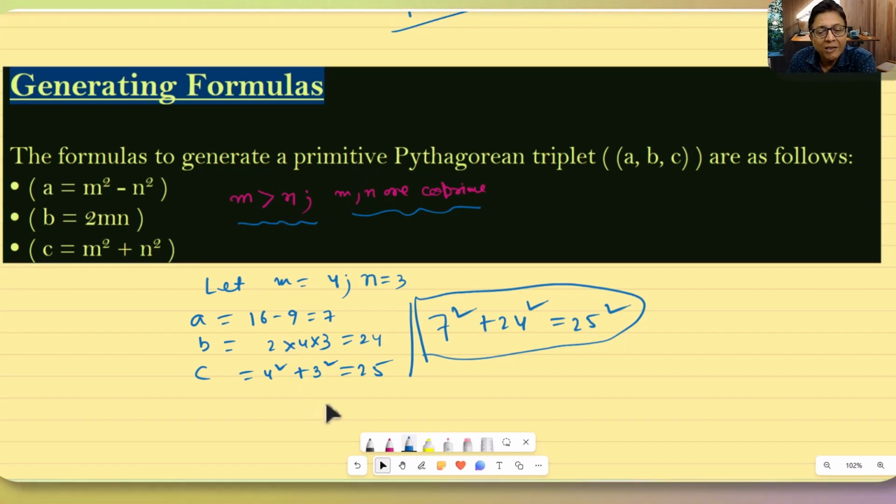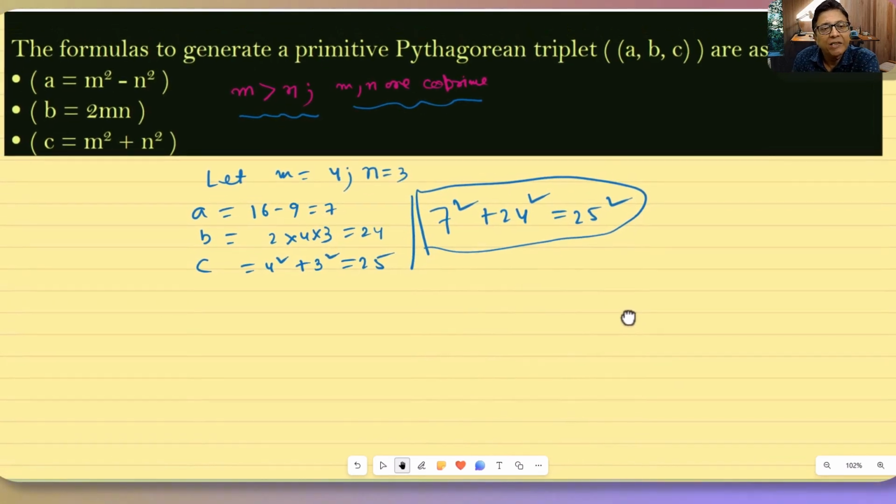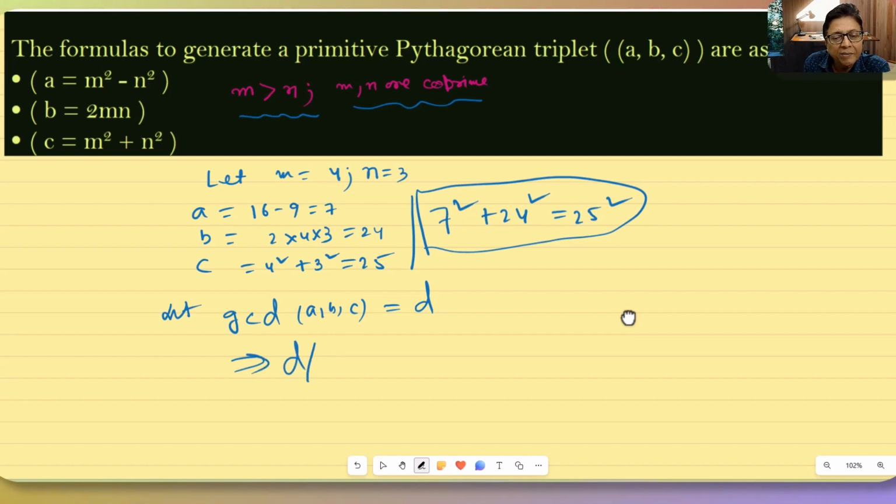First we prove that A, B, C do not have any common factor. Let us assume that GCD of A, B, C is equal to D. This implies that D divides A, D divides B, and D divides the third one also.